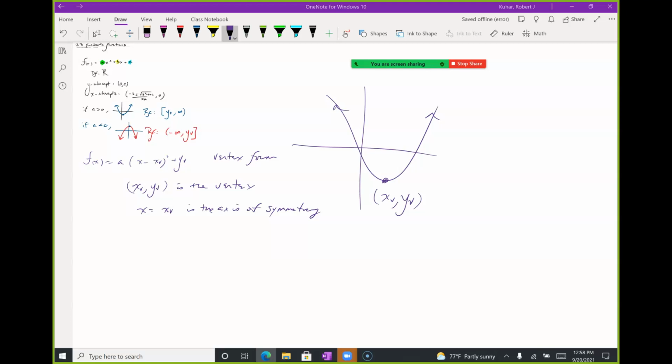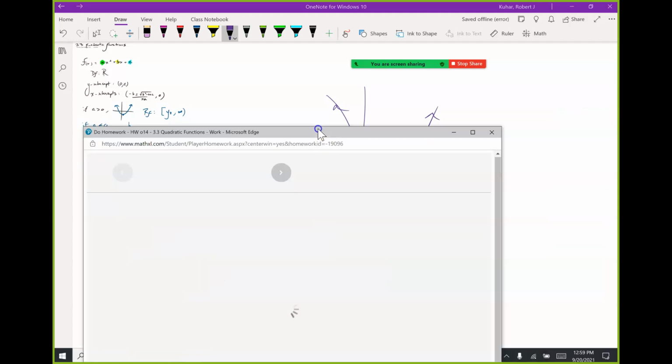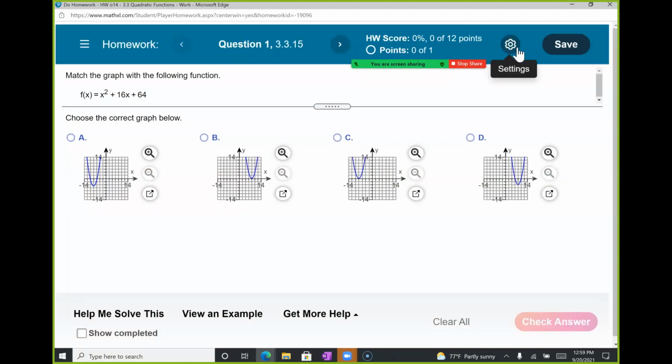So I'm looking at homework 14, quadratic functions. Again, I think the most difficult thing in this chapter is completing the square. So I'm trying to focus there because you'll complete the square in Calc 1 and Calc 2. The easiest way to match this graph is to complete the square. So I've got x squared plus 16x plus 64.